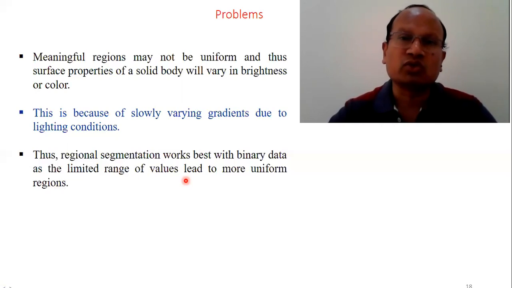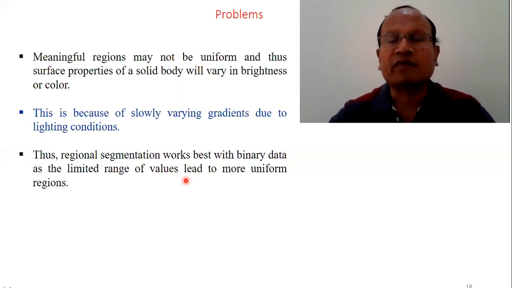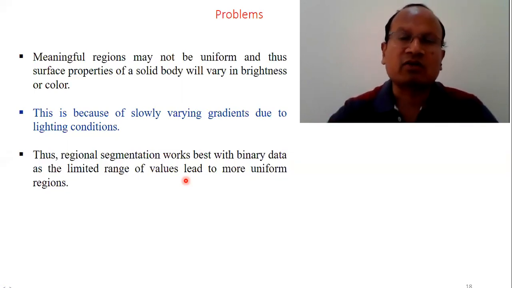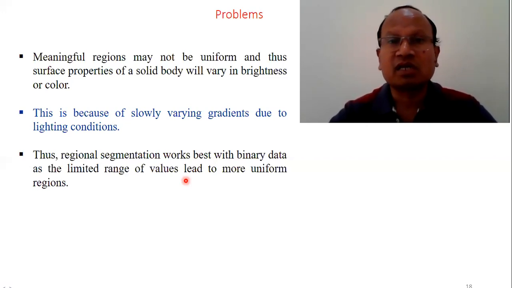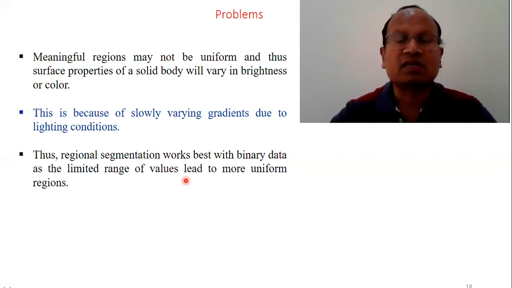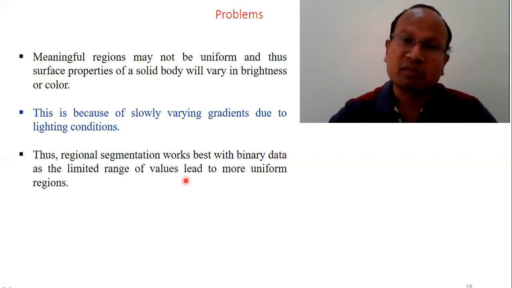In region growing, you choose a seed pixel, then keep on growing until you do not find any more similar regions which could be connected with the grown-up region. But this lecture is mainly about split and merge, and we have discussed the different steps involved in the splitting process as well as the merging process.